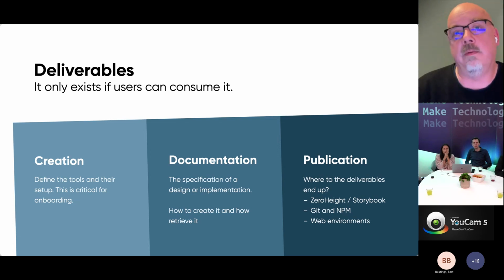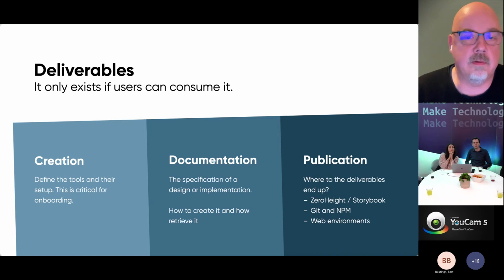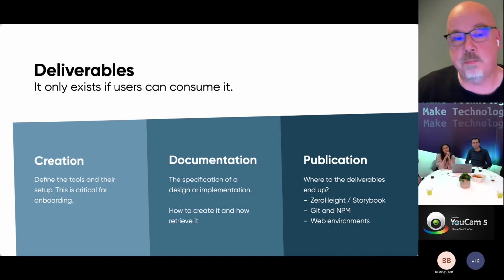And then we start on how we publish all this. This is where the engineers have a big part in versioning, making sure that components are available through registries and NPM, and then how they're actually released and deployed into various web environments. And then that goes back in the feedback loop to creation.